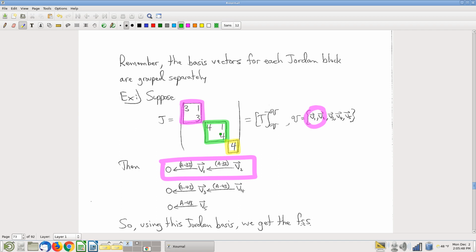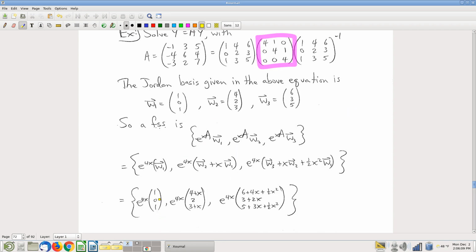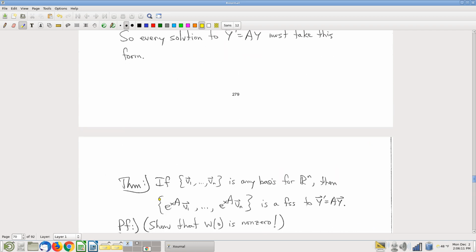Likewise, the second Jordan block, columns 3 and 4, telling us about Jordan basis vectors 3 and 4, and we have this diagram pertaining to vectors 3 and 4. And then likewise, this last diagram.